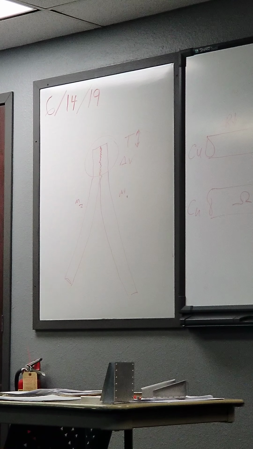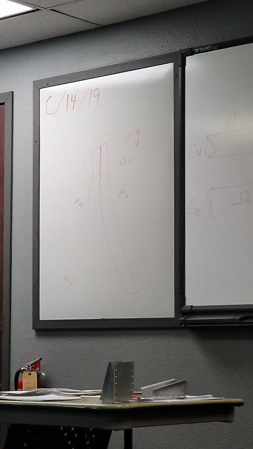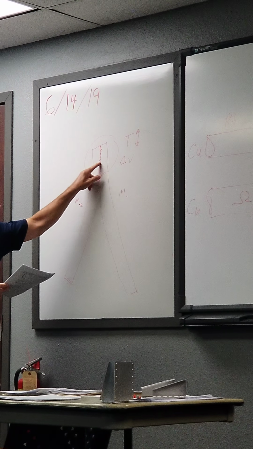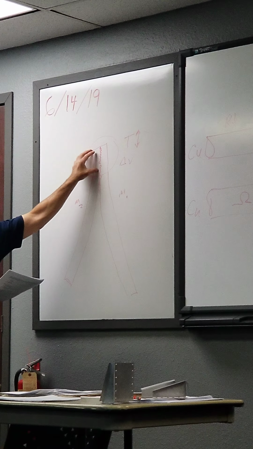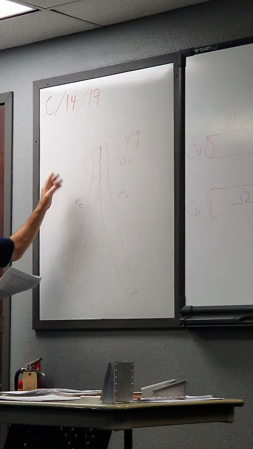So a pair of dissimilar metal wires joined at least one end generates a voltage between the two wires that is proportional to the temperature at the junction. That voltage changes as the temperature changes, and we can calibrate that to get a measurement of temperature. That's the thermocouple.